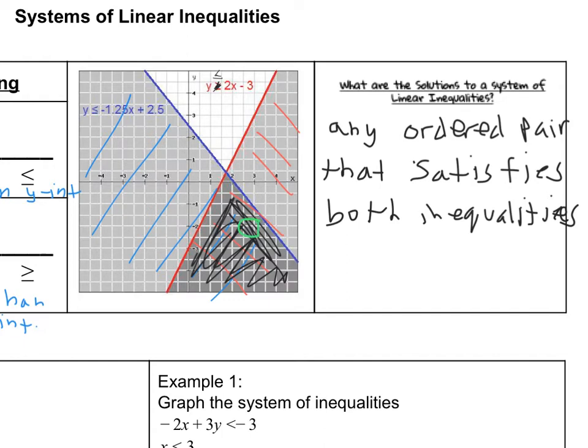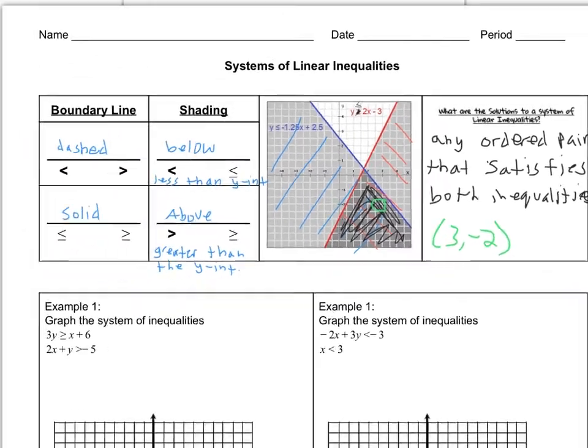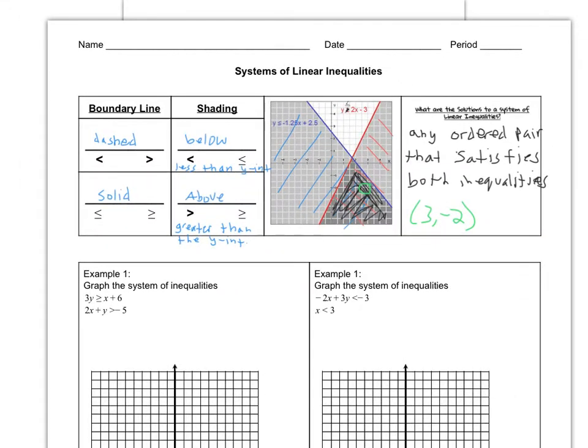That is going to be 3, negative 2. Okay, so that is just one of many. Remember, you can have an infinite number of ordered pairs in the solution to a system of linear inequalities.